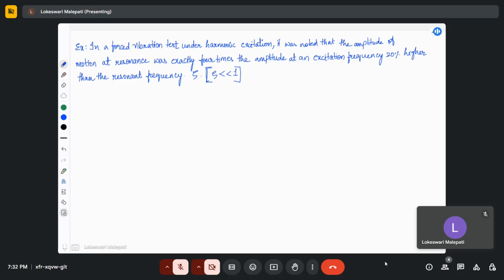So I will start this problem. Are you trying? So that means in case of zeta less than 1, we can say that resonant frequency is same as natural frequency.